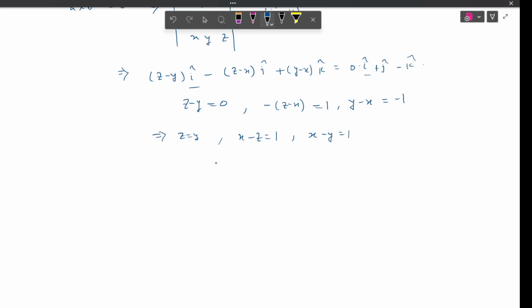Now z is y, and we put the values here. X minus y, this is 1, and here also x minus y is 1. Okay, but this will not work.